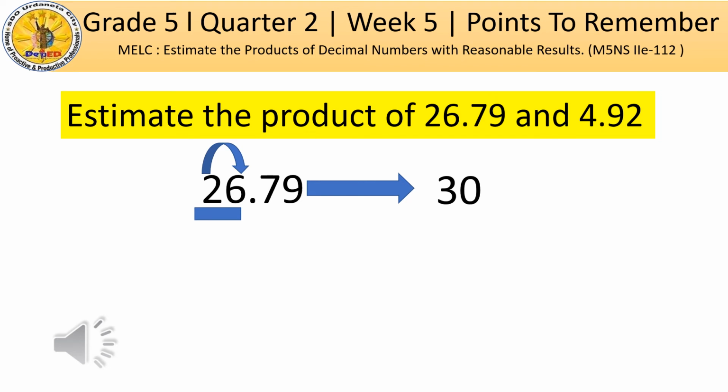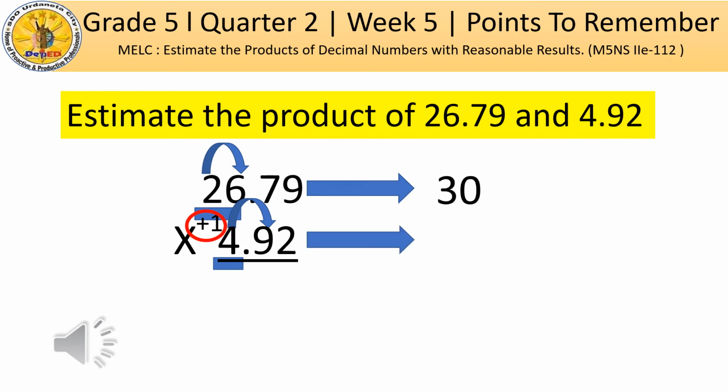How about our second factor? 4 and 92 hundredths is closer to 4 or closer to 5? Very good. 4 and 92 hundredths is closer to 5. Then, we are going to get the product. 30 multiplied by 5.